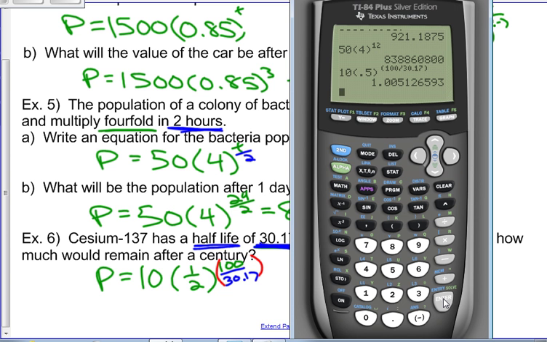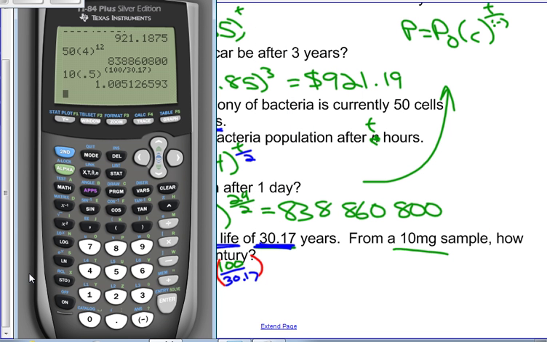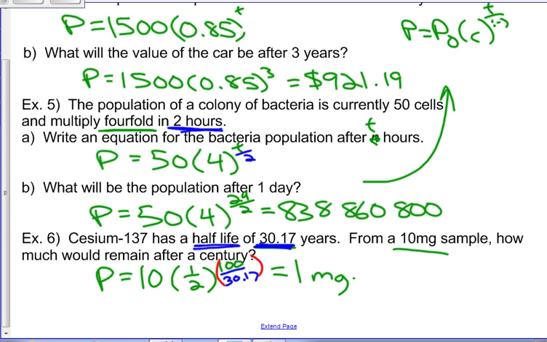And after a century, still 1/10 of it, or 1 milligram, remains. The question we haven't been able to answer here is a question like, after how many years will 3 milligrams remain? But we'll deal with that once we hit Chapter 8.